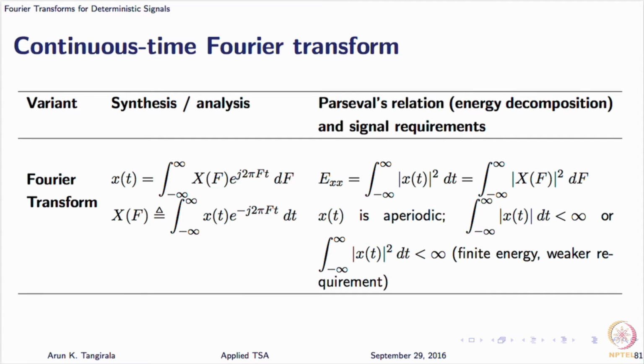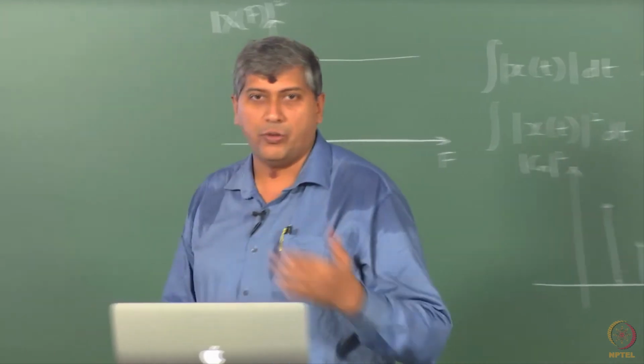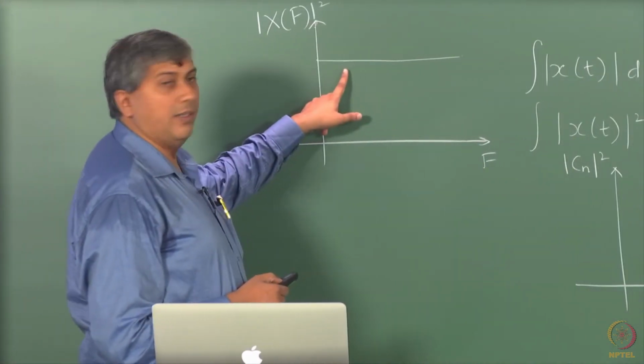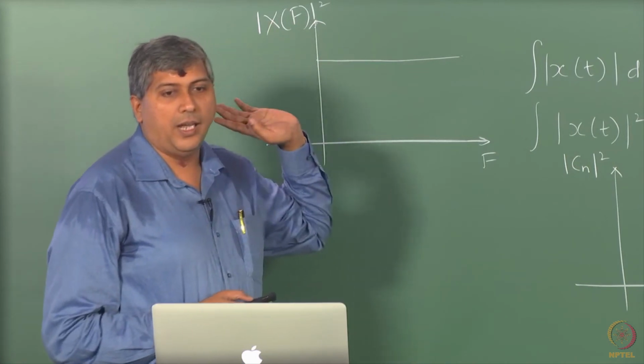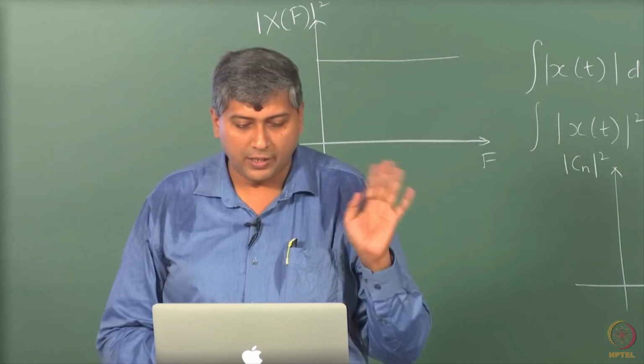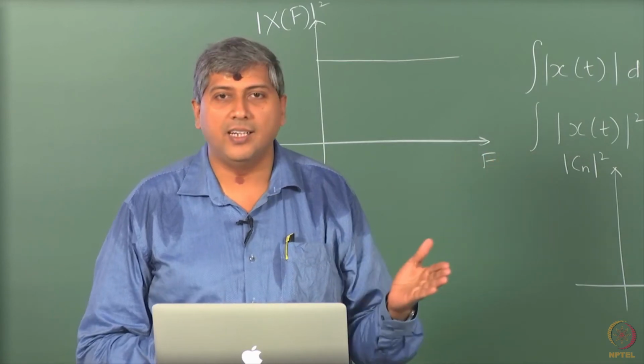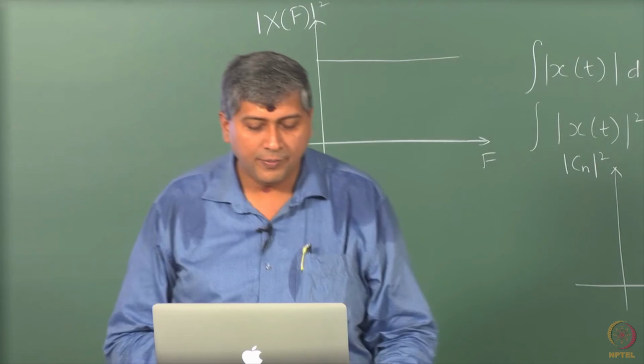Do not get scared, we will not talk about it. But for a special class of functions for which you cannot just ordinarily evaluate this integral, there exists a theory of generalized functions that will allow you to compute the Fourier transform. In any case, this is a very important thing to remember: the Fourier transform of an impulse, whether it is continuous time or discrete time, has a flat energy spectral density, all right.